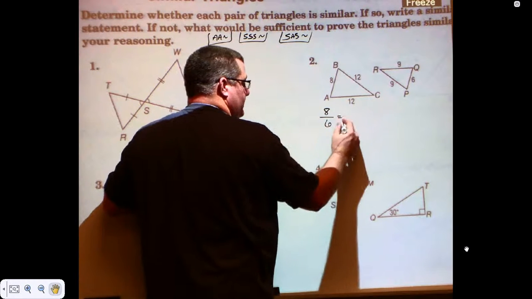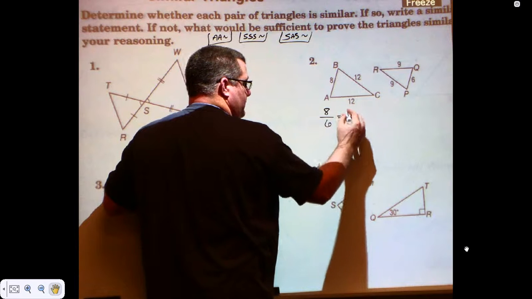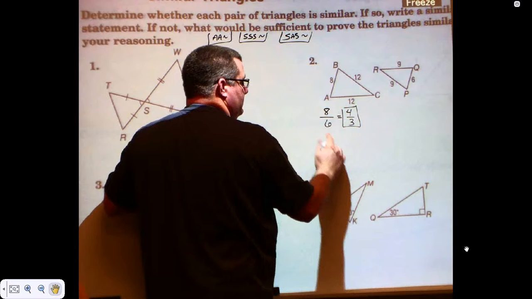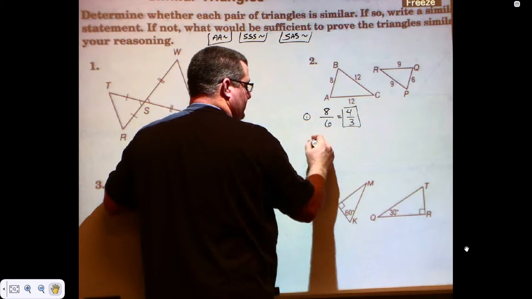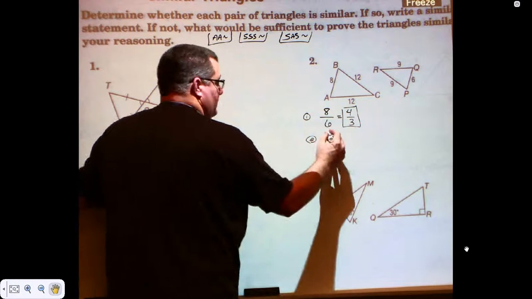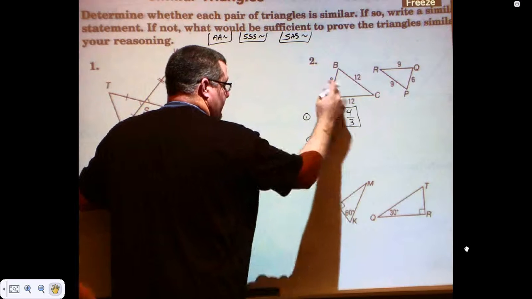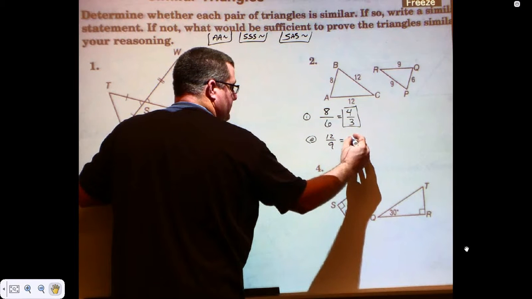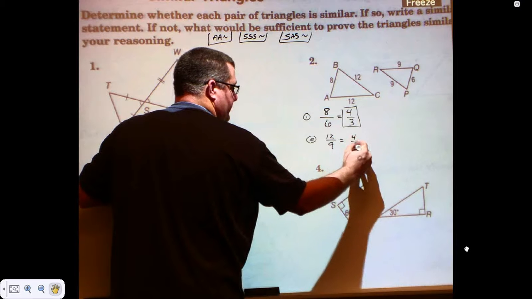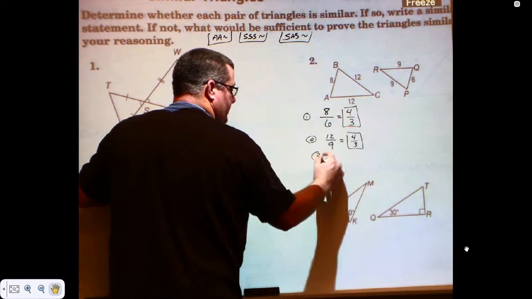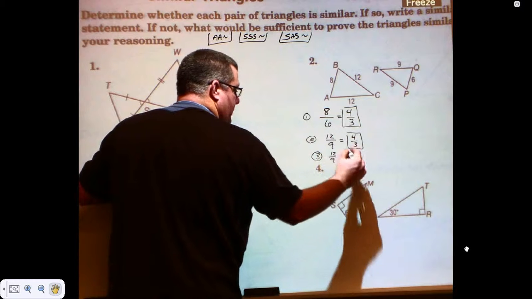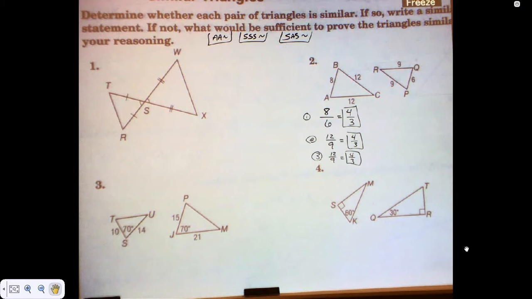What do you get there? That's our scale factor. That's one of the sides. What's the next one? If I use the 8 first, that's 12 over what? What does that reduce to? 3 over 1 of that 4, 3 over 1 of that 3. And the nice thing is the third one is the same, isn't it? So do I have three sets of proportional sides? I do. The scale factors are the same.